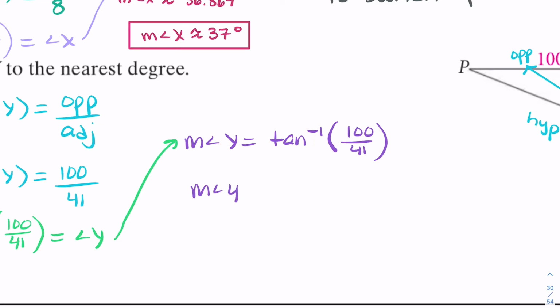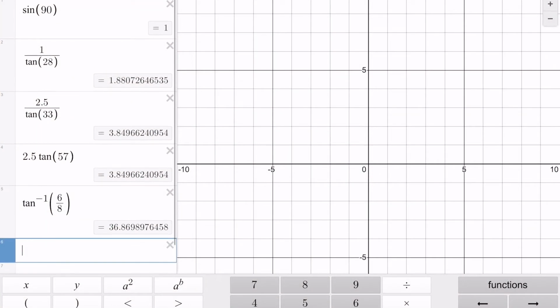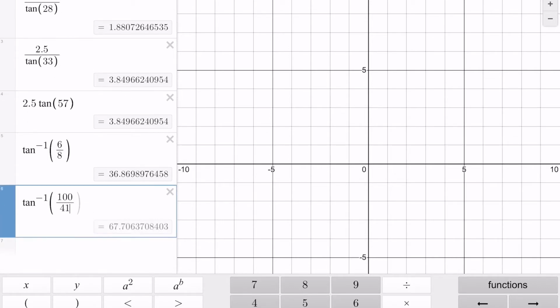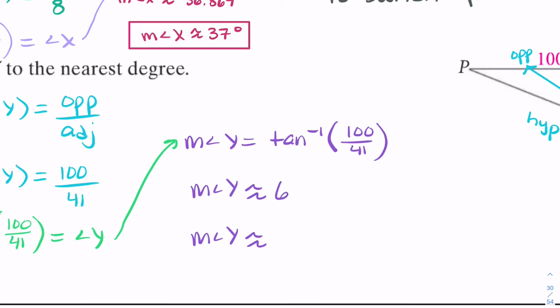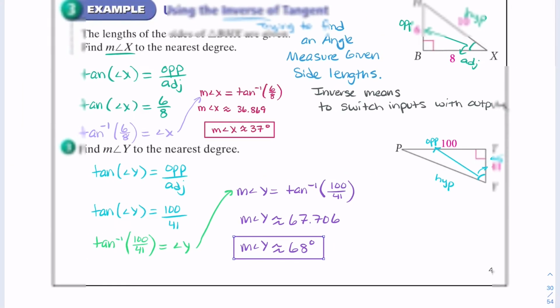The measure of angle y approximately equals, let's see, tan inverse of 100 over 41, 67.706, which rounded to the nearest degree is 68 degrees. Boom, and that's it for tangent inverse.